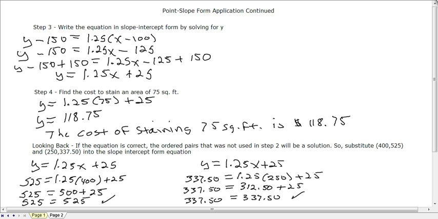What that's telling me, since we did check, is that the slope intercept form equation, y equals 1.25x plus 25, is a good equation for the ordered pairs that we were given.